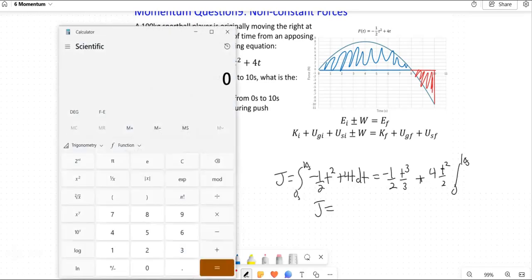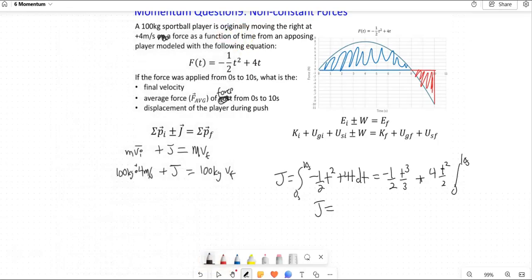So this is going to be 10 to the third power divided by 6. So 10 times 10 times 10, that's 1,000 divided by 6, 166.67. So this is going to be -166.67 Newton seconds.